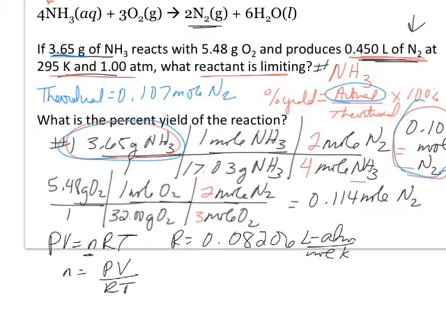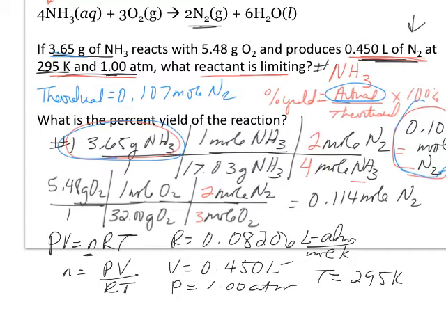And our volume is 0.450 liters. And liters are good. Oh, we have our volume. Pressure is 1.00 atmospheres. You see that there. And our temperature is already in Kelvin, 295 Kelvin.